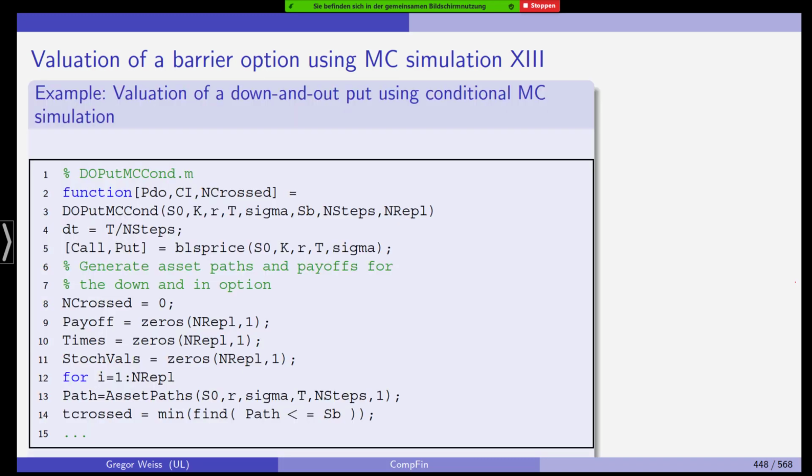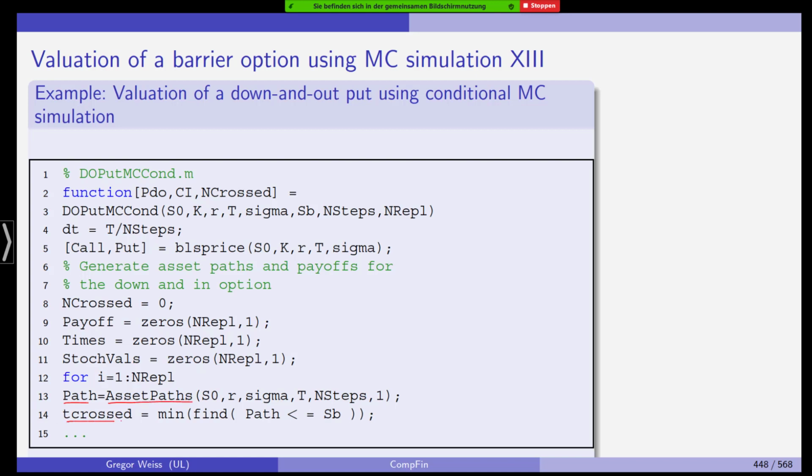So it's the down and out put MC cont for conditional Monte Carlo simulation. We generate the asset paths and the payoffs for the down and in option. The payoff zeros, time zeros, stochastic value zeros. And then we simulate paths again with our asset paths function, that's geometric Brownian motion.